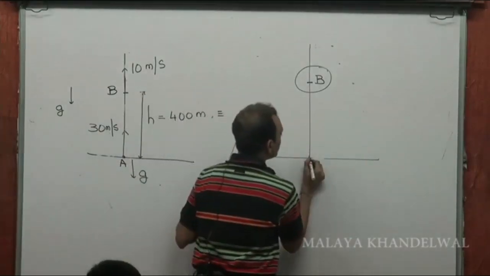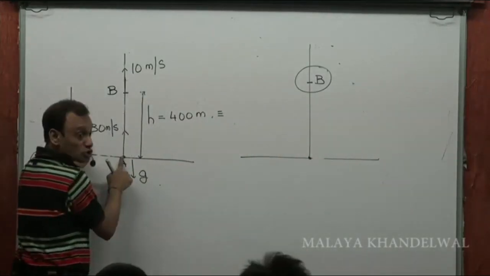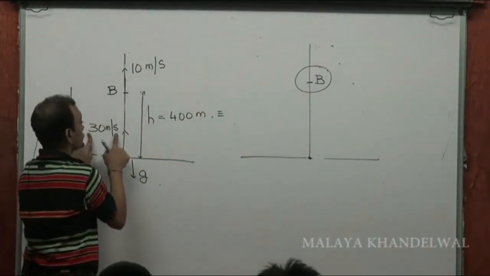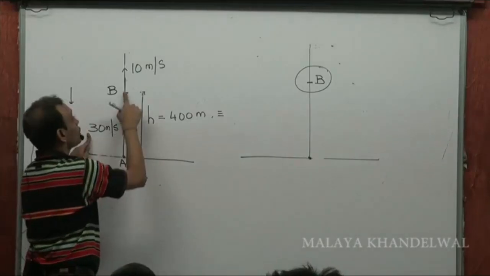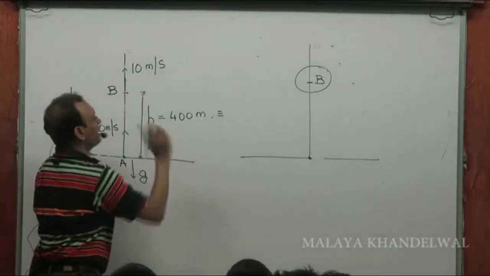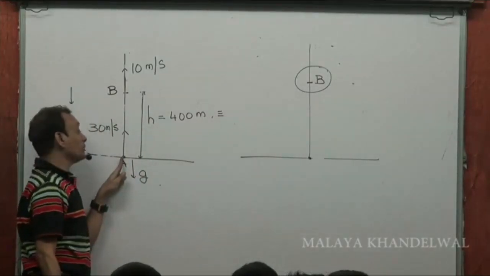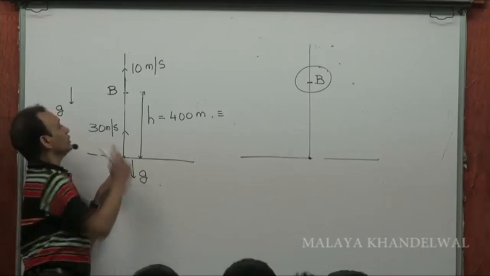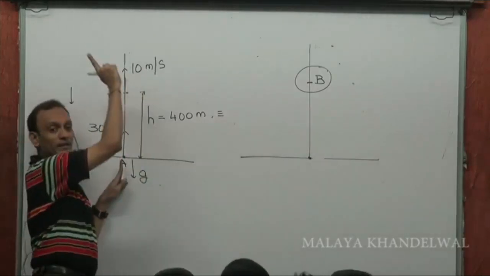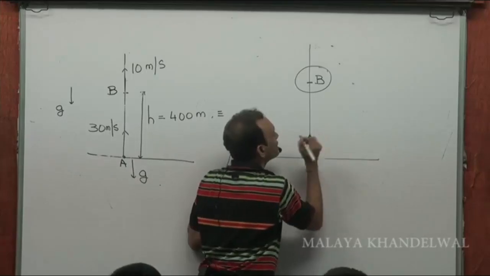And the velocity of A at this instant of time is 30 meters per second. Velocity of B at this instant of time is 10 meters per second. Now, if I'm pinning B down, will I have to modify the velocity of A? What would be the modified velocity of A? 30 minus 10, which is 20 meters per second. That would be the modified velocity of A in the equivalent situation.